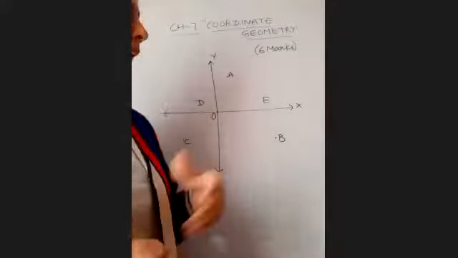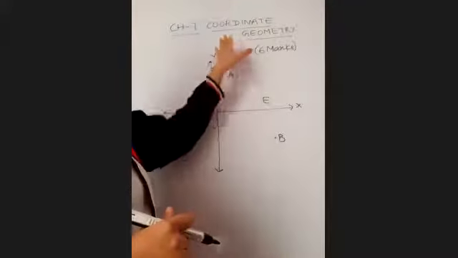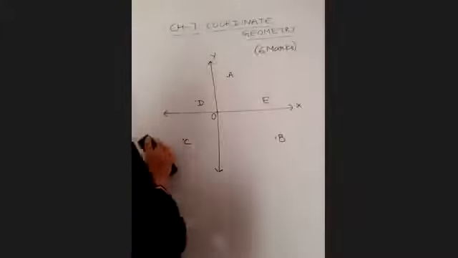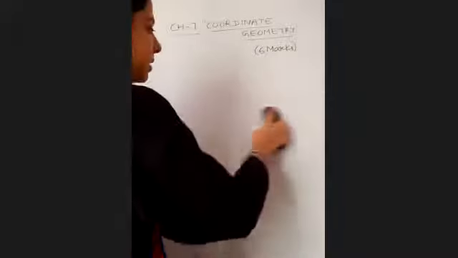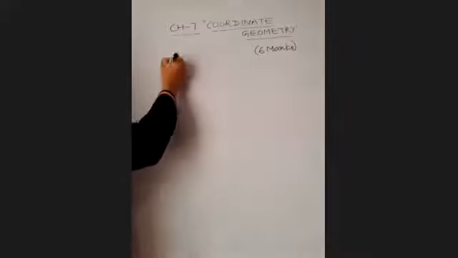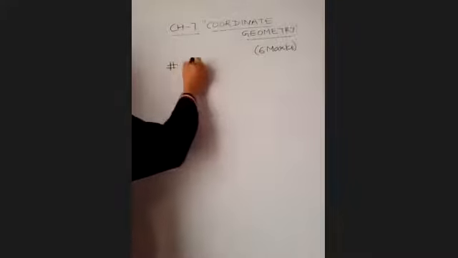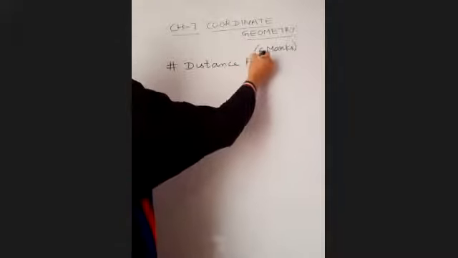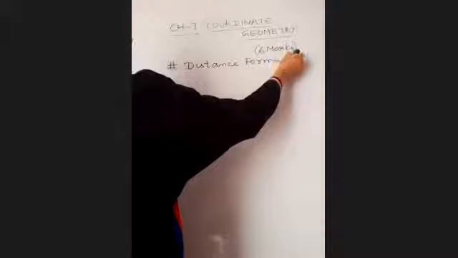For that we just need to know the coordinates of a particular point. Now we are going to calculate the first formula, the distance formula, which helps us find the distance between 2 points in the Cartesian plane.